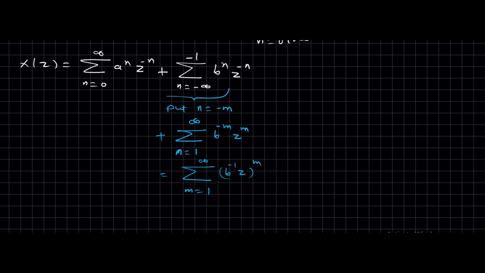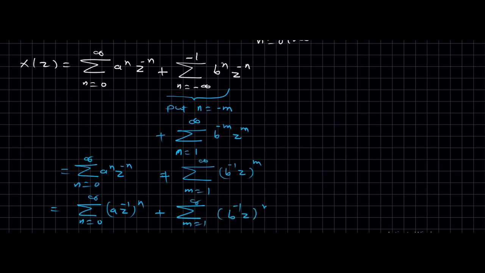Now we'll keep this as it is. So it is the sum from 0 to infinity a raised to n, z raised to minus n. We'll simplify this also. So it is n equal to 0 to infinity, a z raised to minus 1 raised to n, plus, and m equal to 1 to infinity, b raised to minus 1, z raised to m.